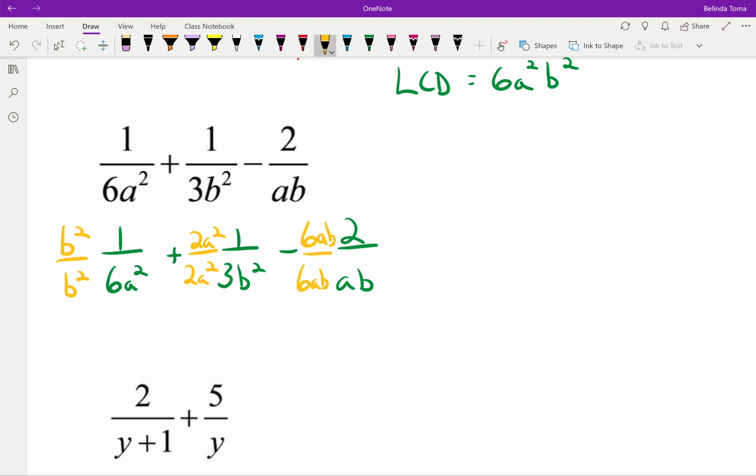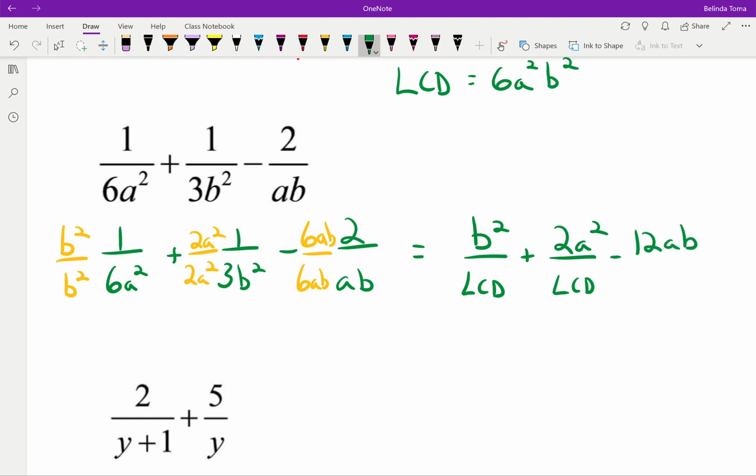So now we can create equivalent fractions with the common denominator. So that's going to give us b squared over the LCD plus 2a squared over the LCD minus 12ab over the LCD.